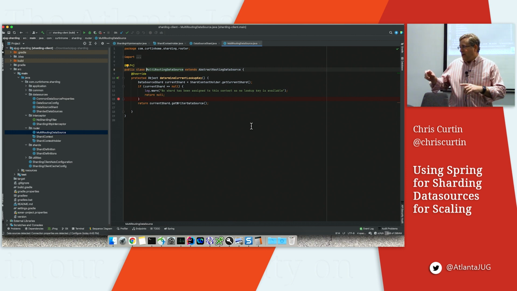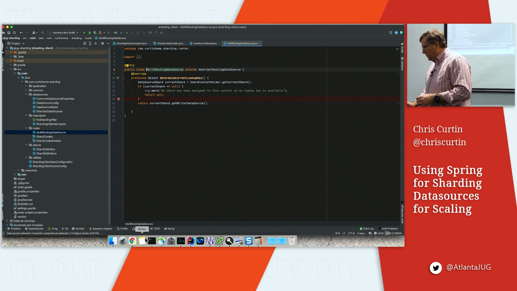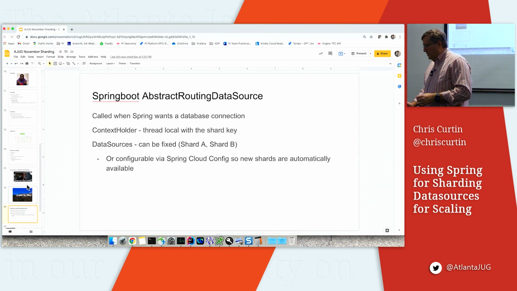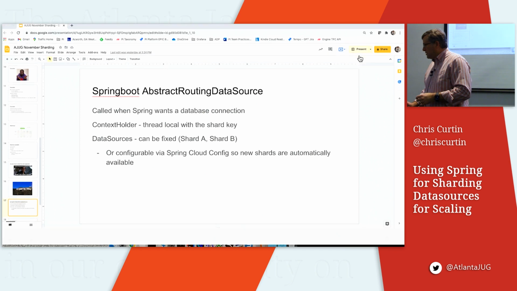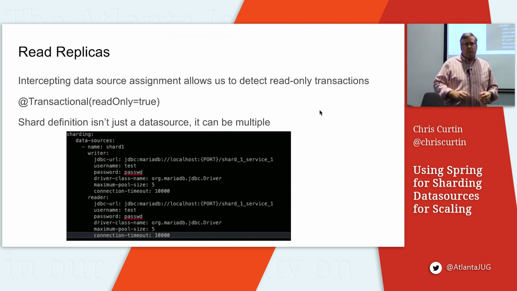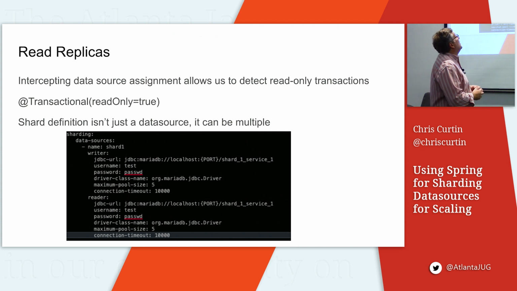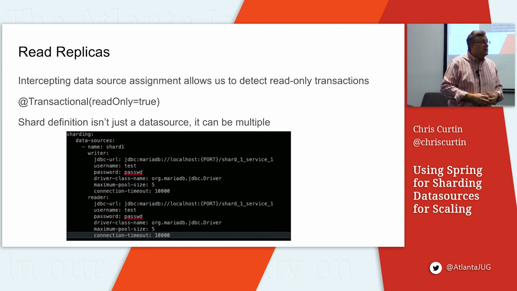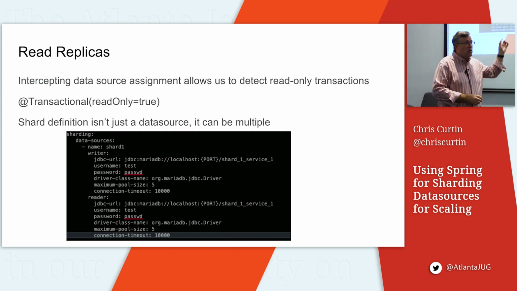Now, remember what I mentioned before about read replicas? A lot of people struggle with how do I add read replicas to my application. The trick to the read replica, go back to my presentation, is you can put an AOP around @Transactional readOnly. And Spring will make sure that your AOP is called before it tries to make the call to that abstract router.